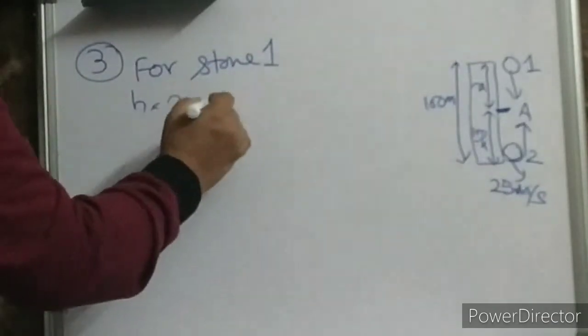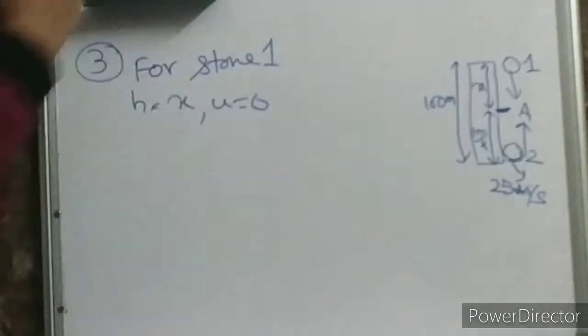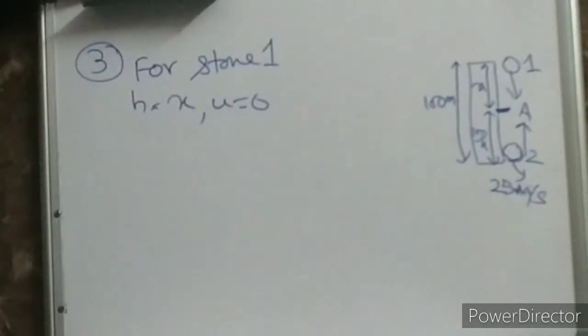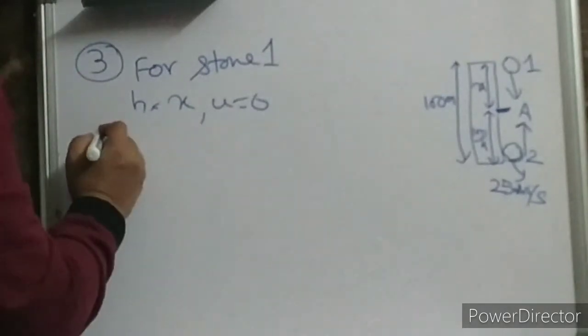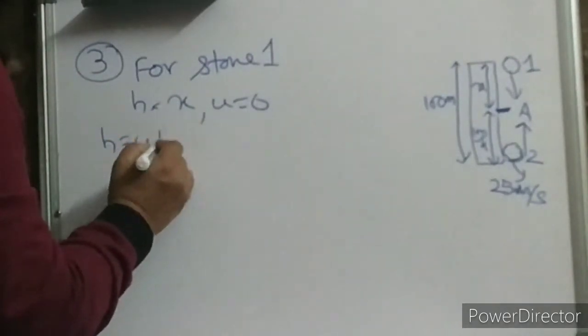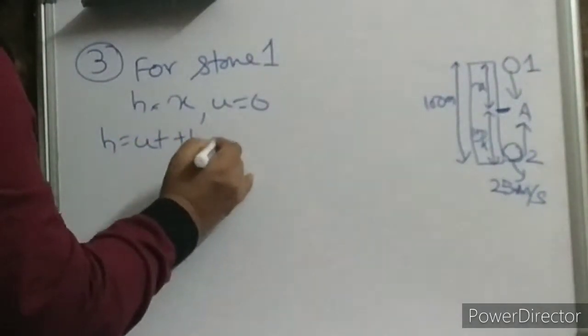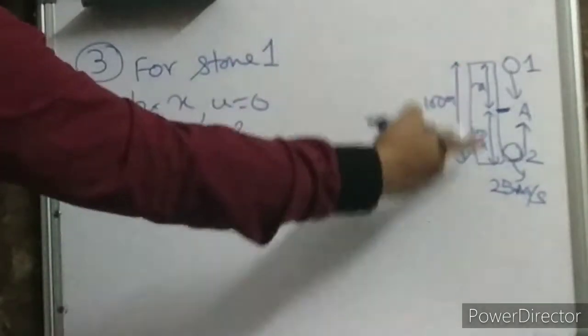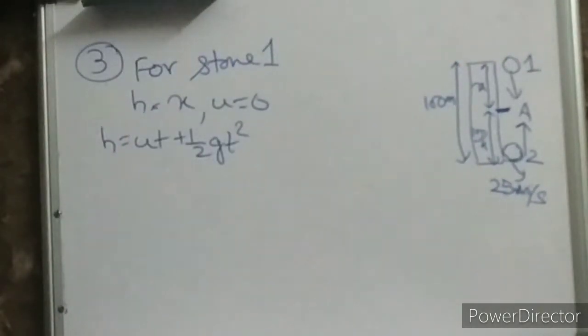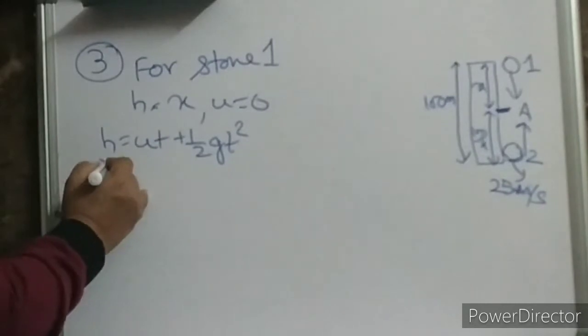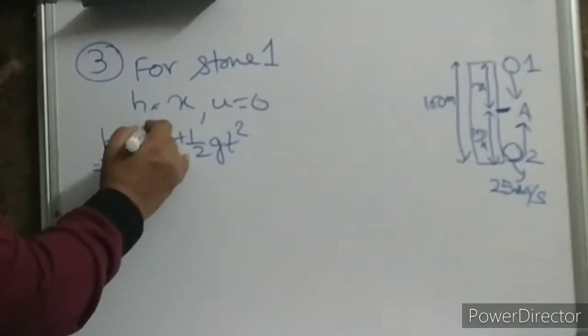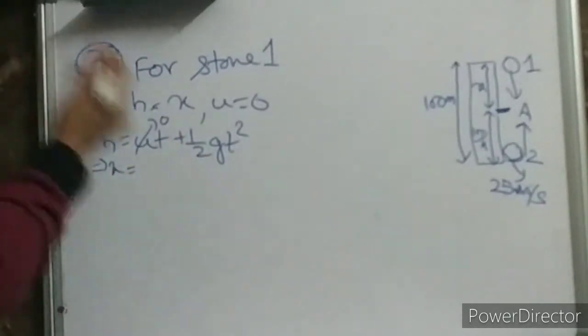What is U? U is equal to 0. Let the time taken to reach A be T, children. So which formula will you use? H is equal to UT plus half GT square. Clear, children? Half GT square, coming down, plus half GT square. So you will write X is equal to, U is 0, half GT square.